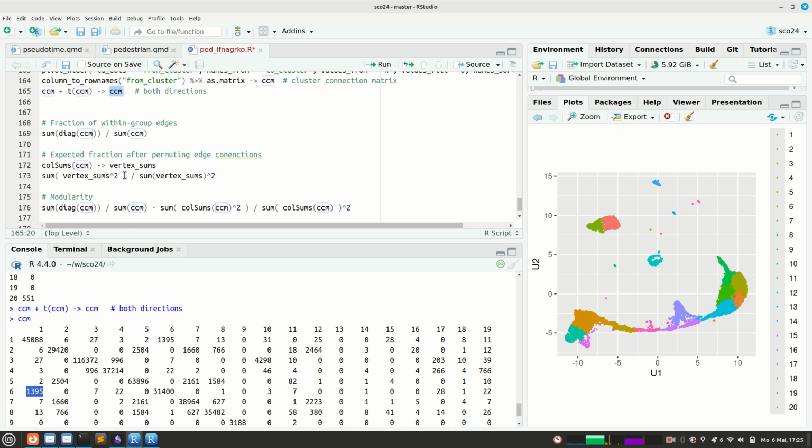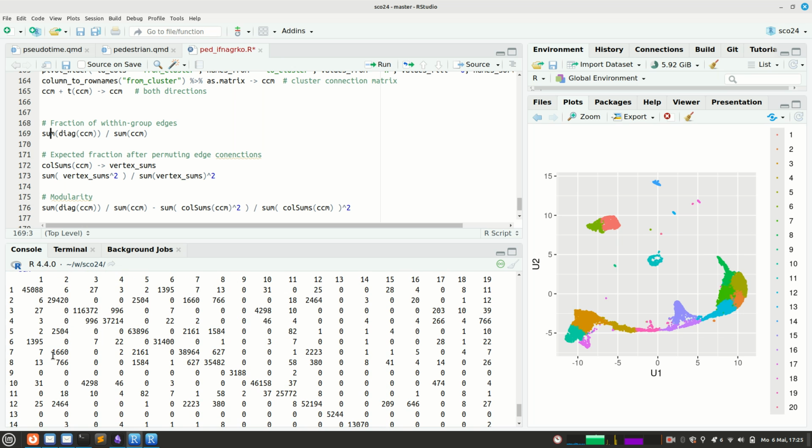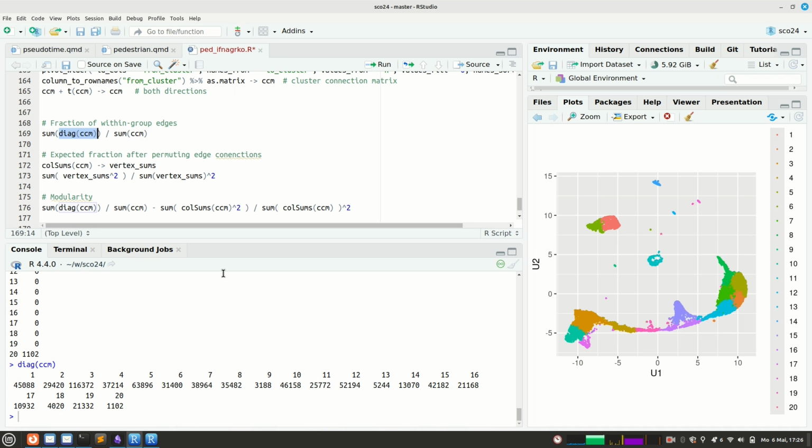And now I can ask which percent of all the edges are connections from a vertex in one group to a vertex in the same group. And that's the diagonal of my matrix. Everything in the diagonal are connections within a group, and everything outside the diagonal are connections from one group to another group. So these are all the connections within cluster 1, 2, 3, 4.